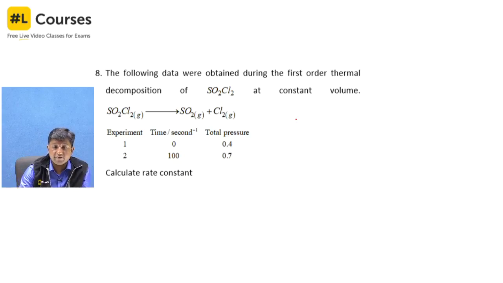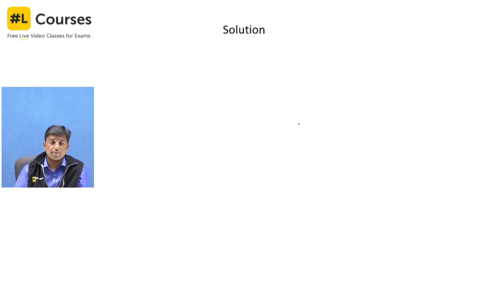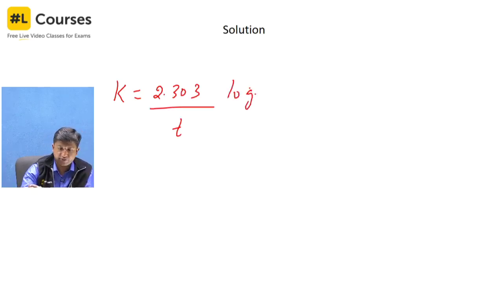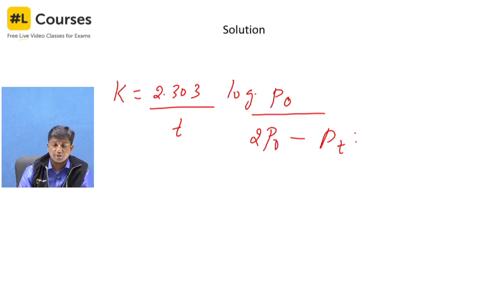So let us see which equation we need to apply. Students, one equation I have derived. This is the rate constant for the first order equation. If the reactant and products are in vapor state or gaseous phase, the equation is K equals 2.303 divided by t into log of P naught divided by 2 P naught minus Pt. This is the equation, student.